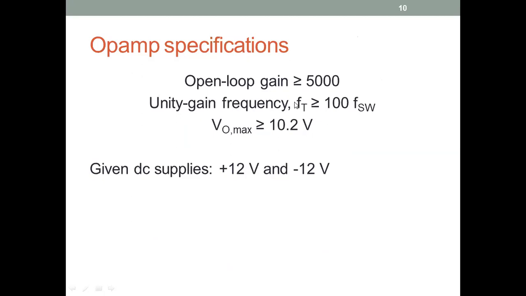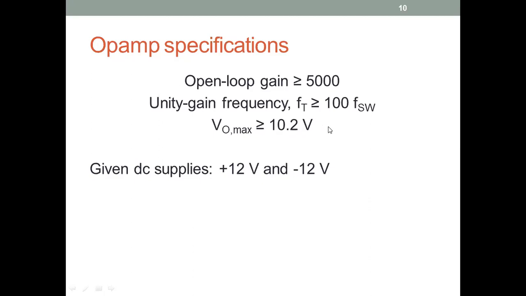The unity gain frequency, you recall we talked about this in the last lecture, has to be greater than 100 times the switching frequency which you are given. 100 of course comes from the gain of the op-amp. We want the output of the op-amp to go at least up to 10.2 volts. Higher is okay, lower is not okay. Also remember that we are given DC supplies of plus 12 volts and minus 12 volts, because this relationship to plus 12 and 10.2 is important. Okay, so these are the specifications.